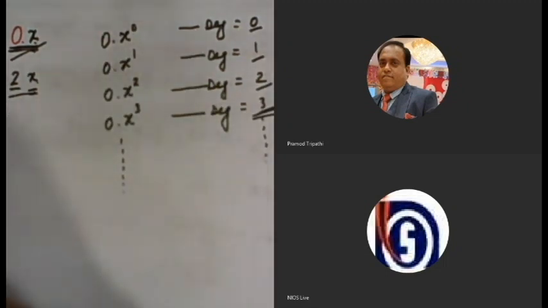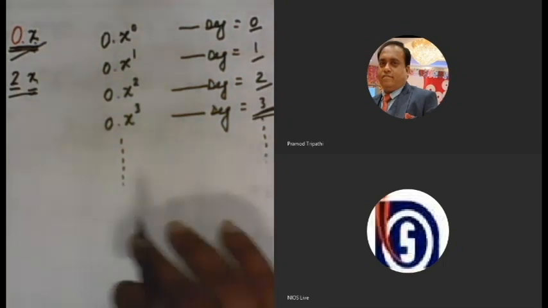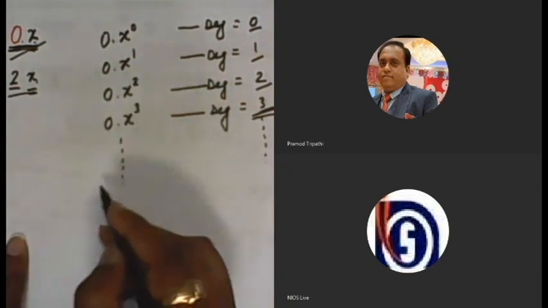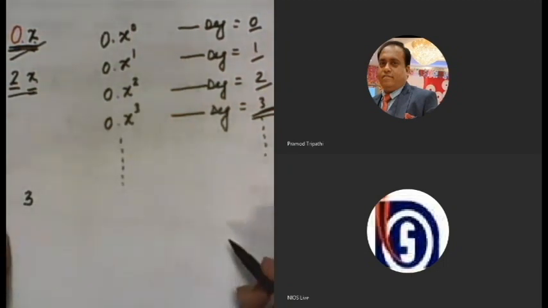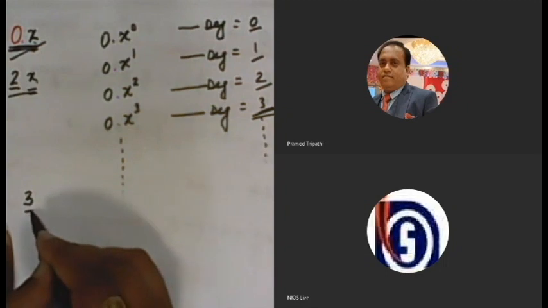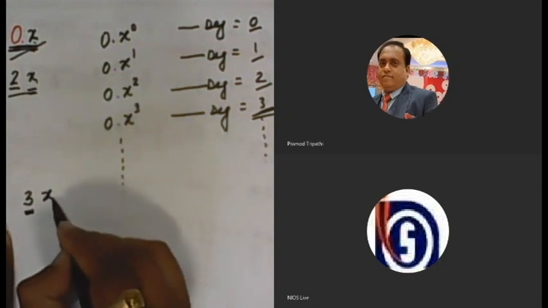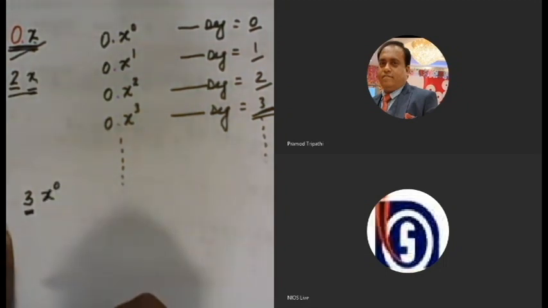Now, why is the degree of the constant polynomial always 0? A constant polynomial, one of the three, has a fixed value. So 3 can be written as 3x raised to the power 0.